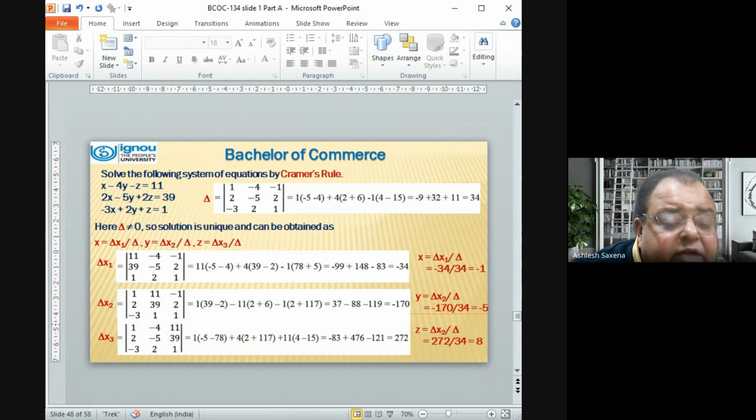To verify your answer, whether you have computed it correctly or not, just place these values in any of these three equations. Suppose I am putting it in equation number 1. x is equal to minus 1, minus 4 into minus 5. That is, minus 4 into minus 5 is 20. 20 minus 1 is 19.